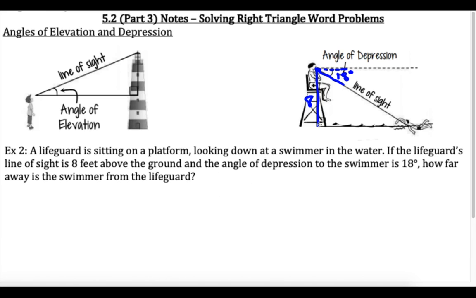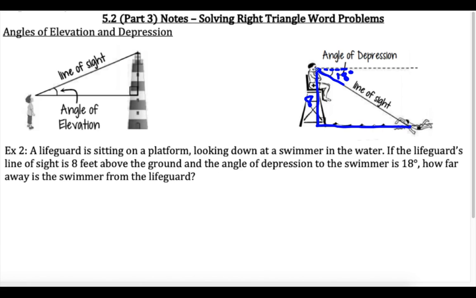Generally, that statement is a little ambiguous, but if we are talking about somebody moving on the ground, we would be looking for that distance, right? Even though technically the distance from the lifeguard to the swimmer would be this distance through the air here, the swimmer can only travel on the ground.